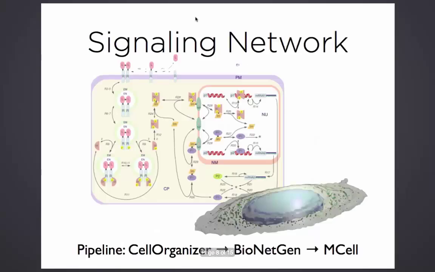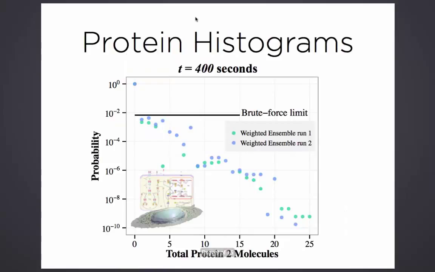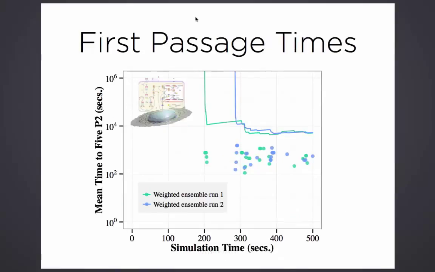So you might have this signal cascade where all these reactions follow one another, and you want to look at the likelihood of something far downstream. Can be a very rare event, very difficult to sample, and the same techniques work here also. And also these sort of maybe slightly more involved measurements of first passage times.